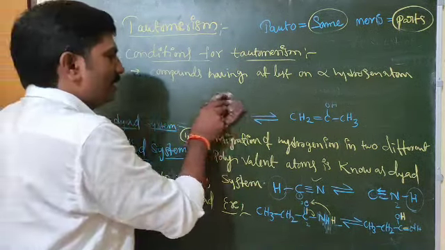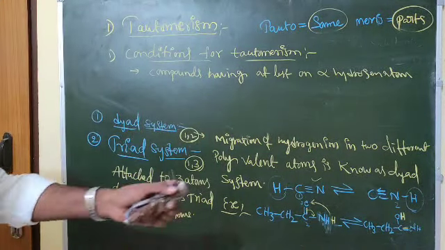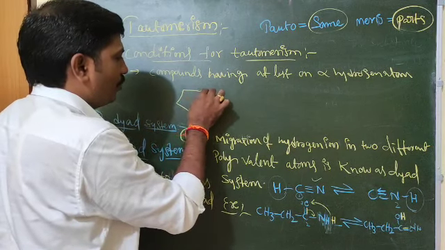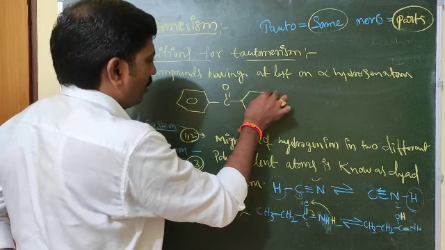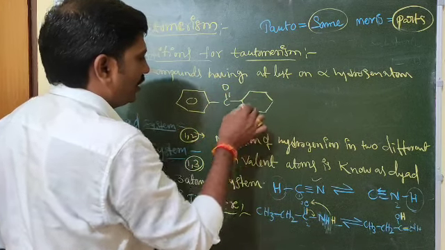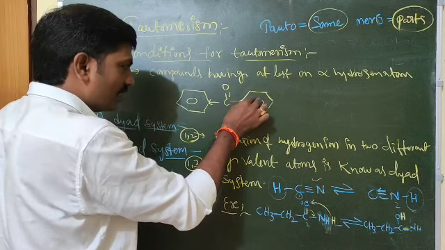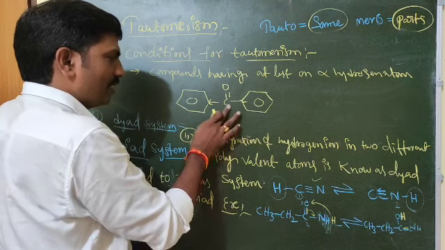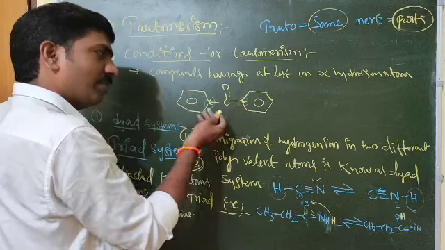Some compounds are not applicable. What are those compounds? See this one, C double bond O, diphenyl ketone. Here there is no hydrogen on the alpha carbons. This is the functional group carbon, and the alpha carbons have no hydrogen.